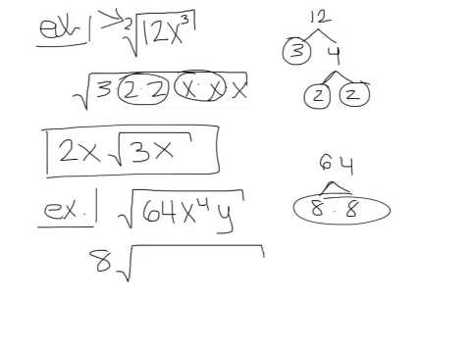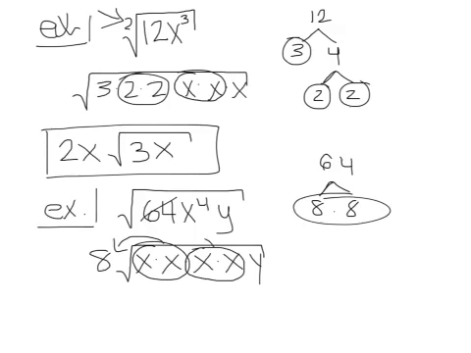Inside my radical, we took care of the 64, remains x times x times x times x times y. Here, I have x listed twice, so I know I'm going to be pulling one x out from there. Here, I have another x listed twice, so I'm going to be pulling out another x. Y does not have another partner, so we're going to leave that under the radical.